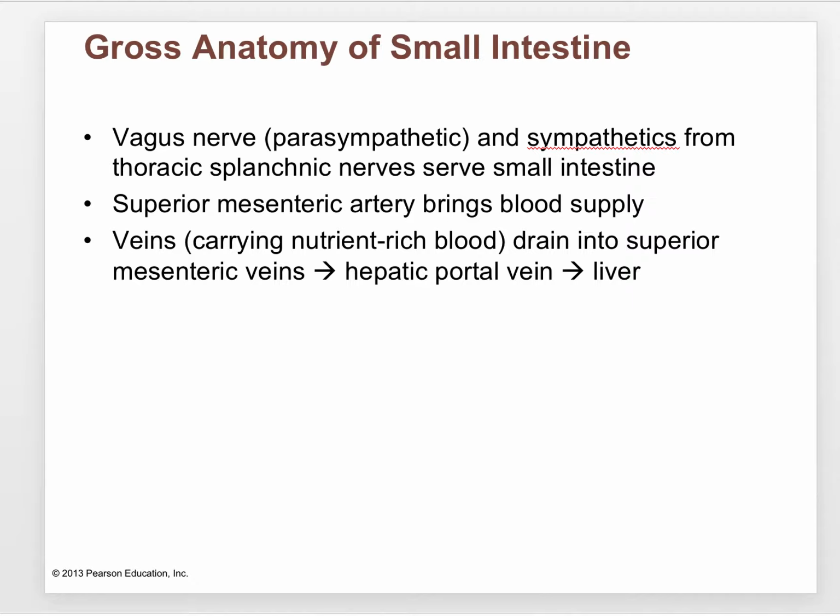Superior mesenteric artery brings blood supply to the small intestines. You might remember this superior mesenteric artery when we studied the blood vessels. And the superior mesenteric veins drain into the hepatic portal vein to the liver. Again, we covered that in the chapter on blood vessels.